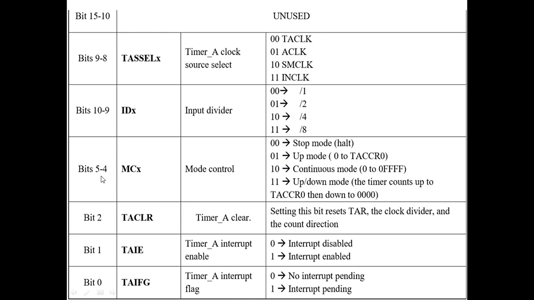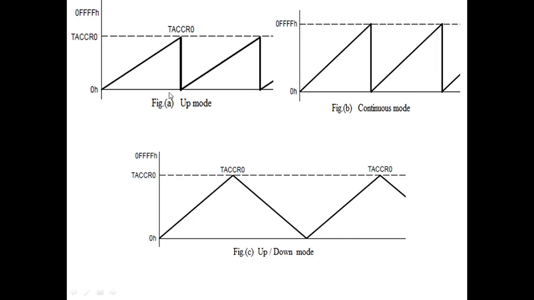That means bit 4 5 values are 0 1. It operates from 0 to our desired value that is loaded in the timer A capture and compare register 0. Initially timer A is 0, and it increments gradually.